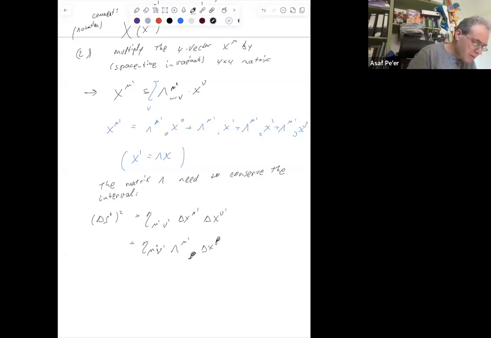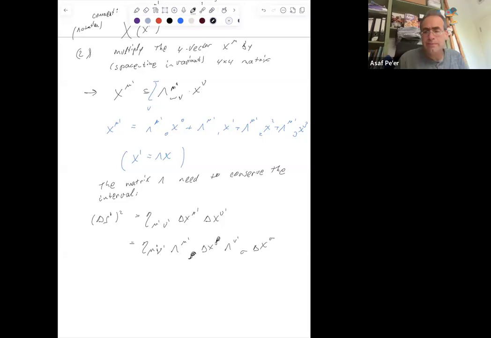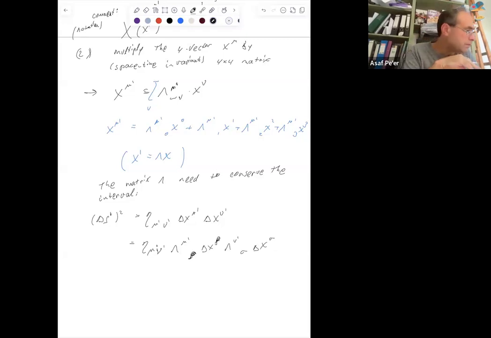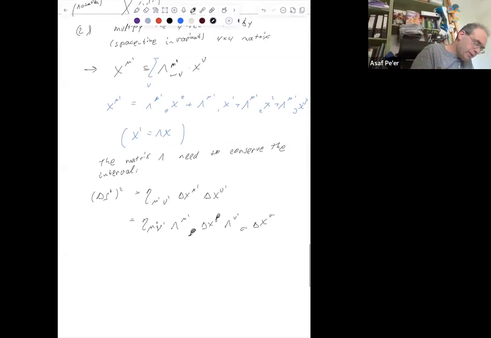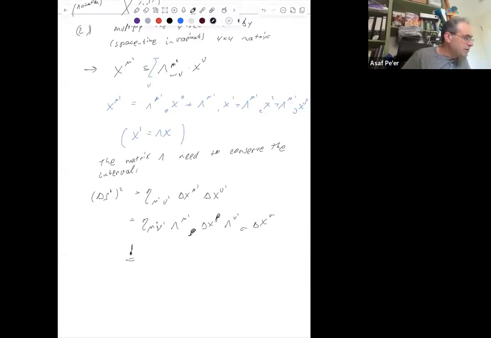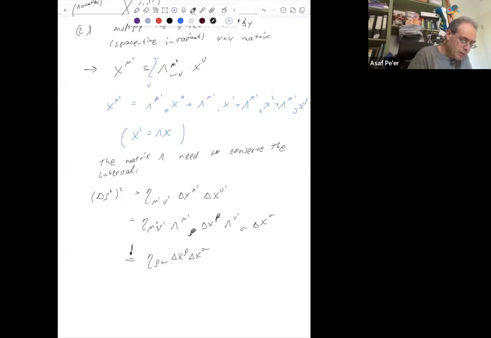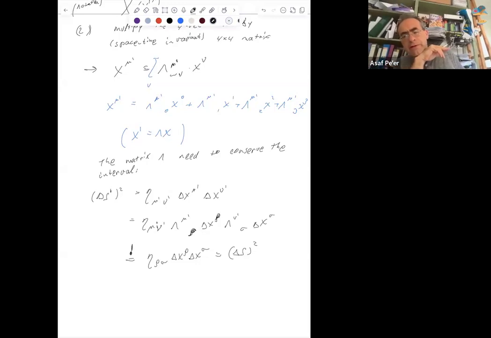So rho, and then lambda nu prime sigma delta x sigma. Then this needs to be, so I demand it, so I put a quotation mark, to make sure that I demand it to be equal to eta rho sigma delta x rho delta x sigma, which is the interval squared as written in the unprimed frame.